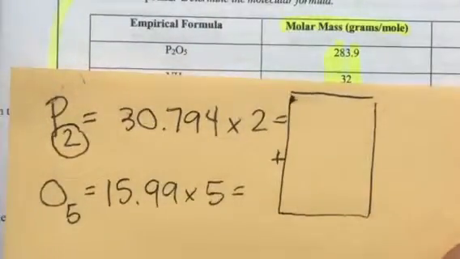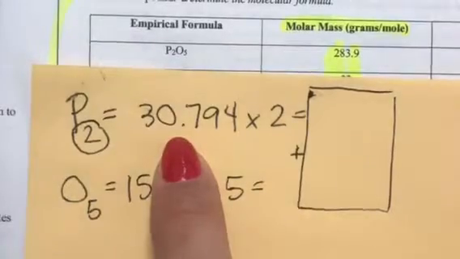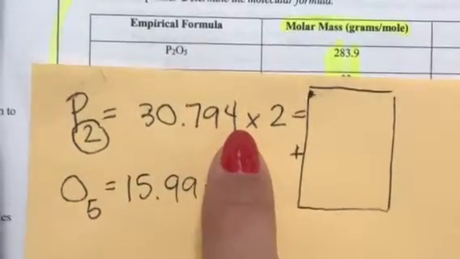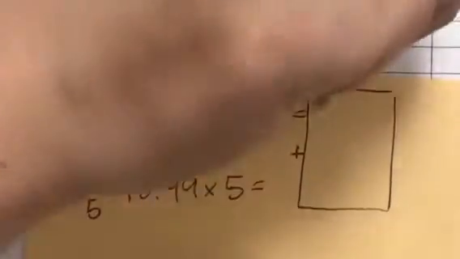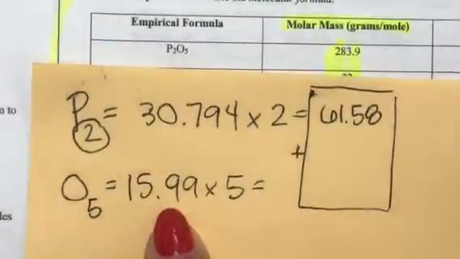I'm going to get a calculator and I'm going to do 30.79 times 2. 61.58. And then I need to get the mass of my oxygen, 15.99 times 5.